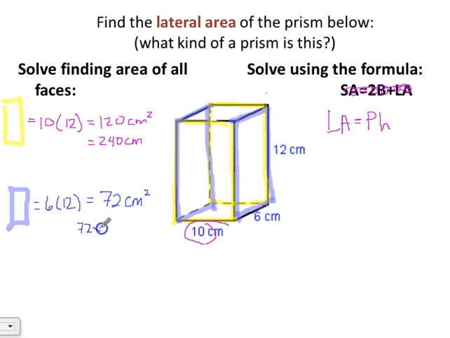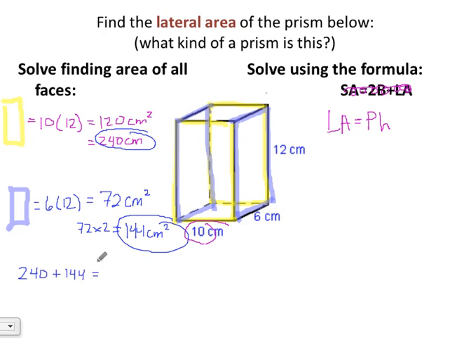So 72 times 2 is 144 centimeters squared. Now we need to add our two totals together. So we would add 240 from our first two front lateral faces, plus 144. What do we get when we add those together? 384 centimeters squared.